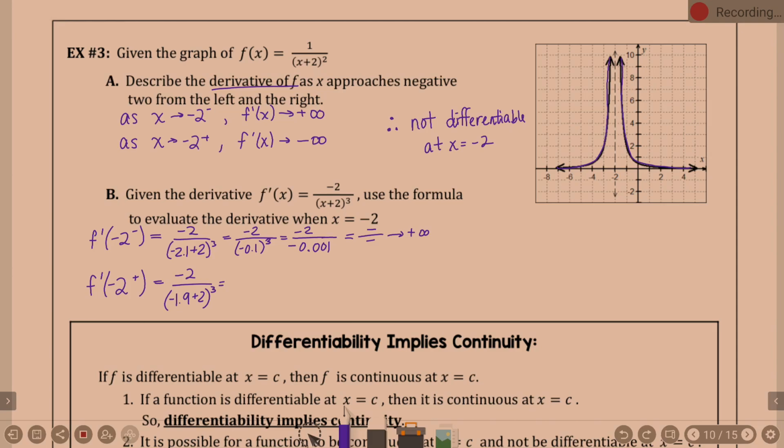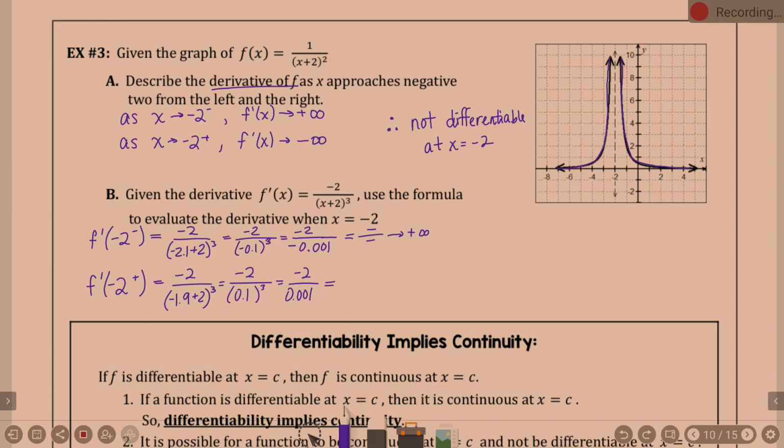We see it. So -2 divided by, this time it's going to be positive 0.1 to the third. -2 divided by 0.0001.